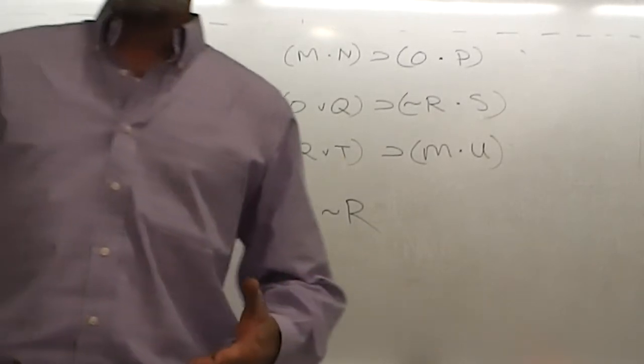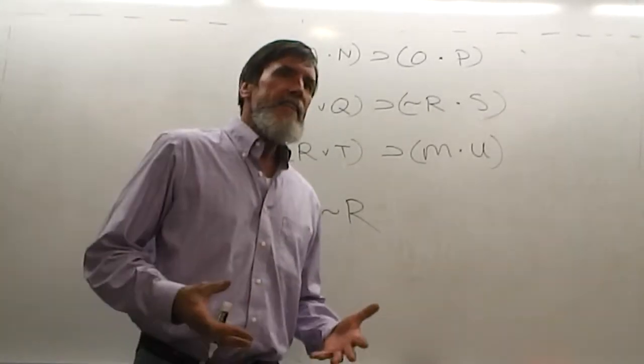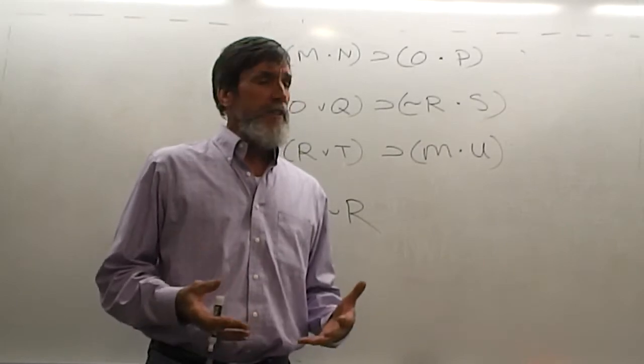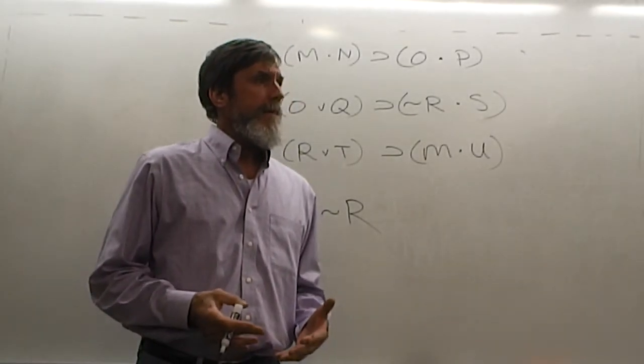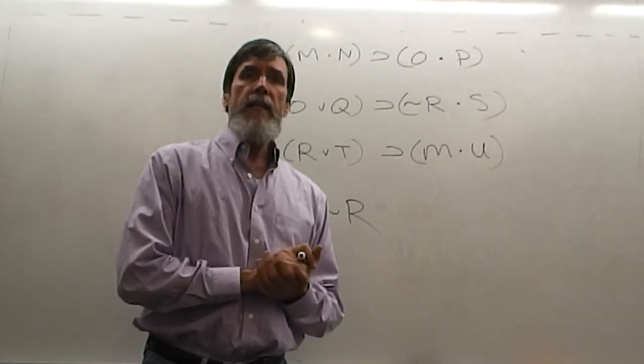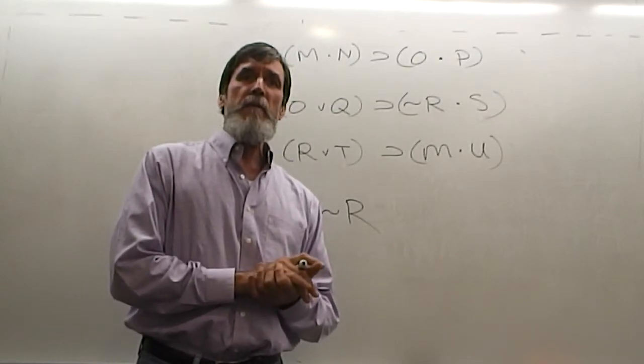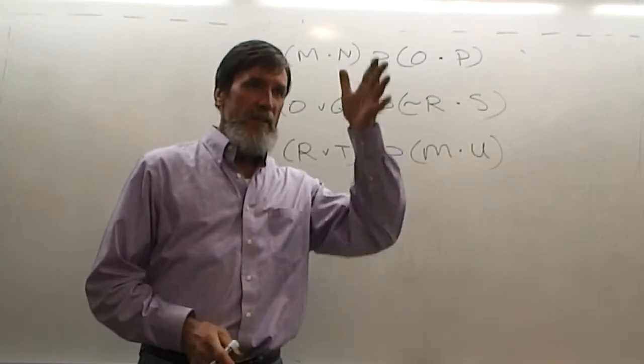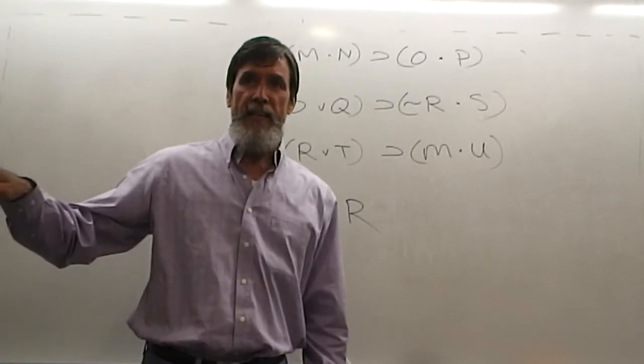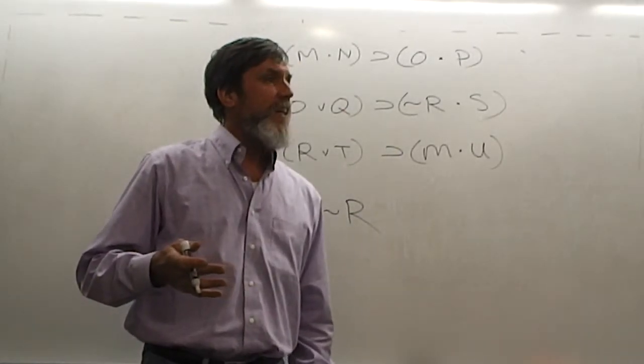So on your test, I'm going to ask you to do long truth tables for some of them to determine validity or invalidity. And in that case, to make sure you are doing the long truth table procedure, I'm going to ask you what some of your rows or columns look like in terms of T's and F's.